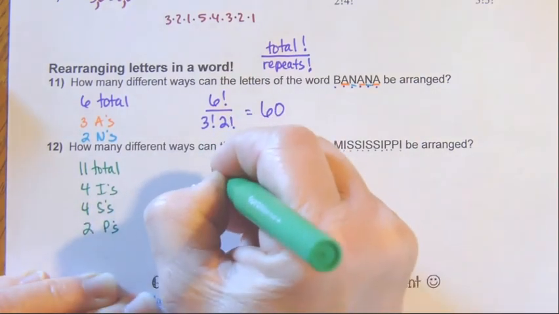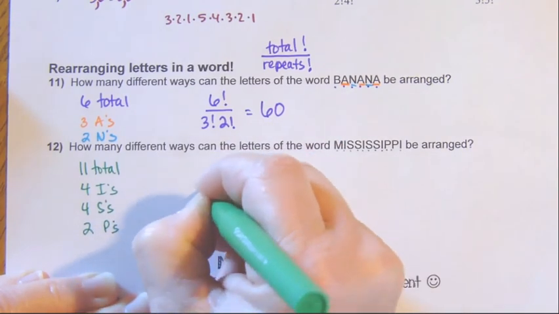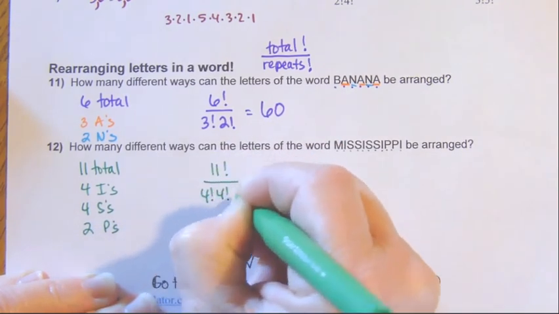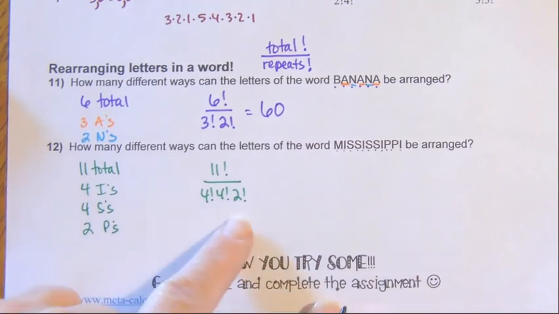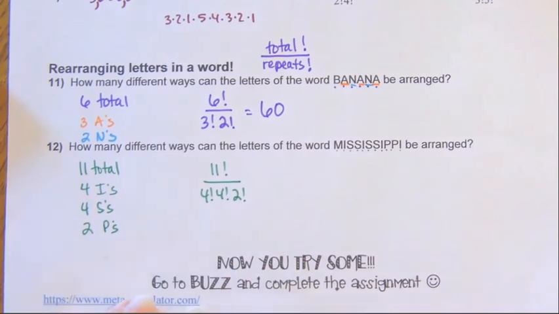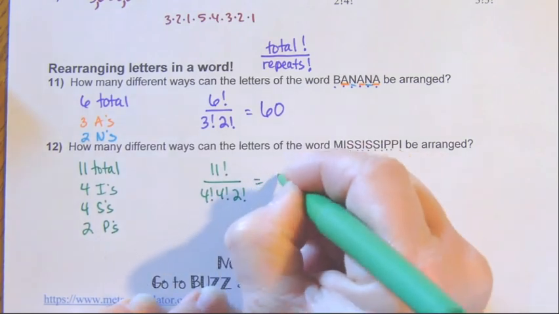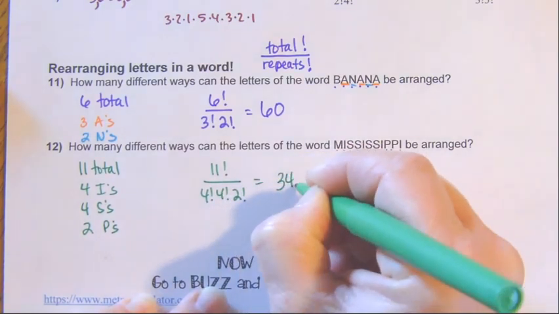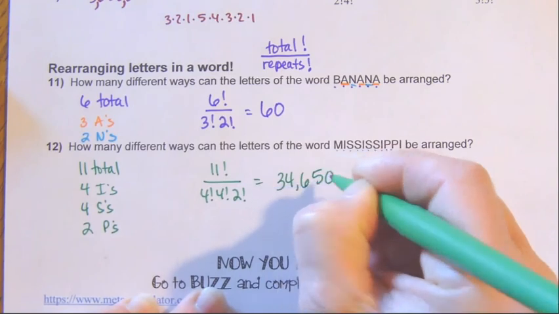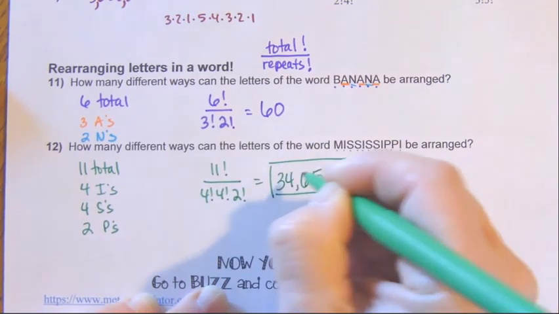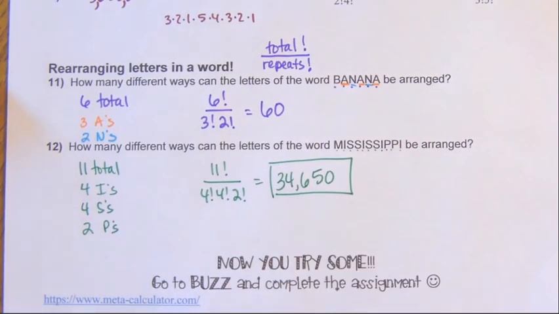So I would do 11 factorial divided by 4 factorial, 4 factorial, 2 factorial, and it really doesn't matter what order you put those in. You type that in and you get a pretty big answer. It's 34,650.